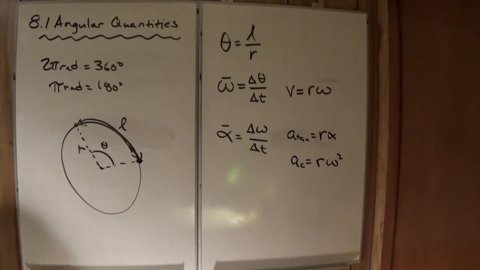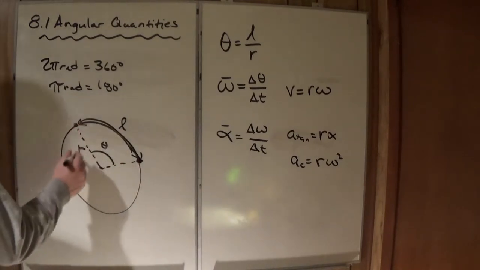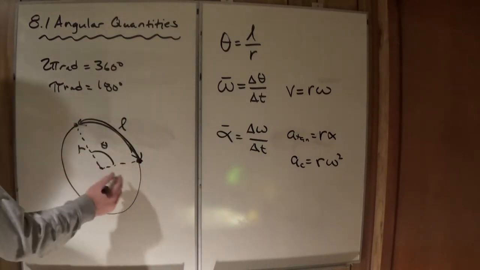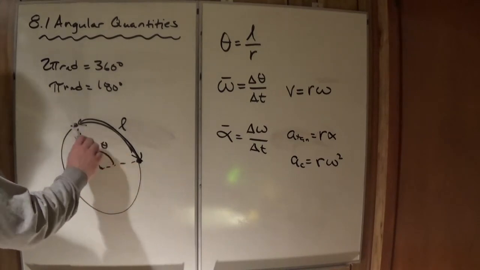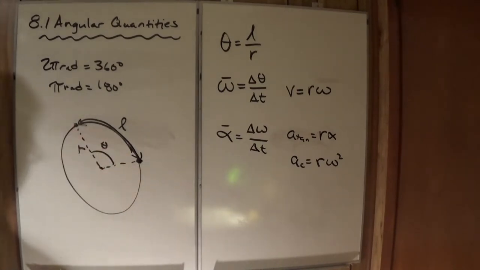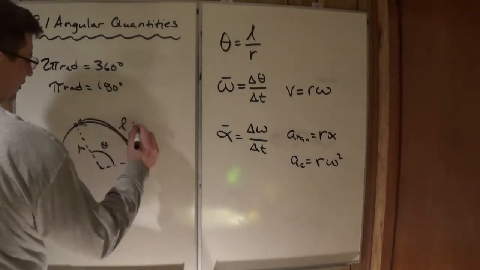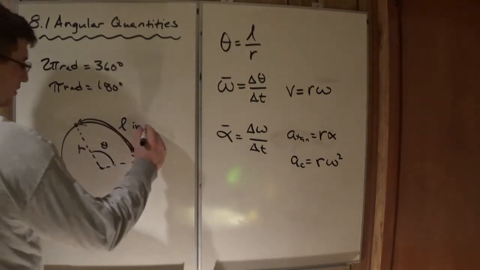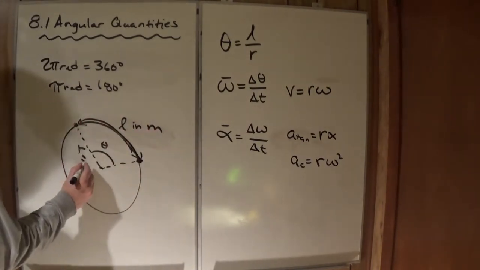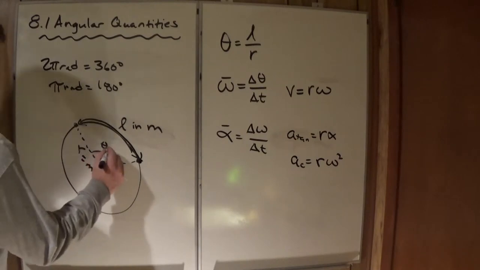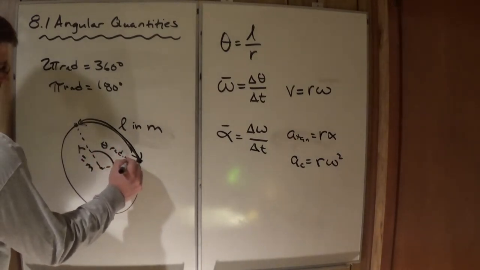And vice versa. If I know how far the arc is, and I know the radius of the circle, I can determine how many degrees I had to rotate through in order to travel through that arc. Simple relationship. Now the reason that this works is because the L has to be in meters, the radius is in meters, and the angle is in radians. Okay.